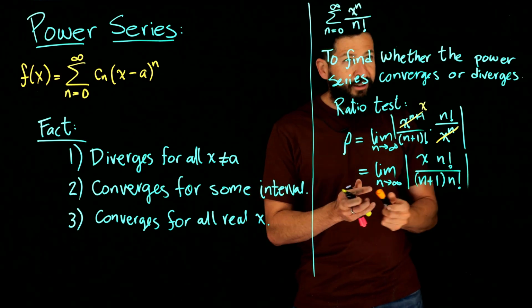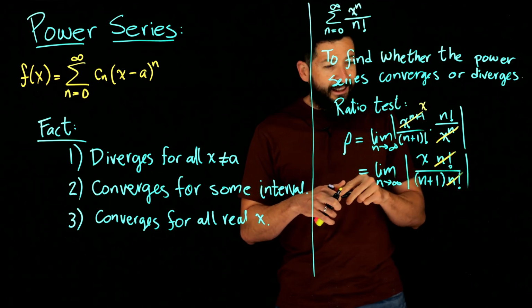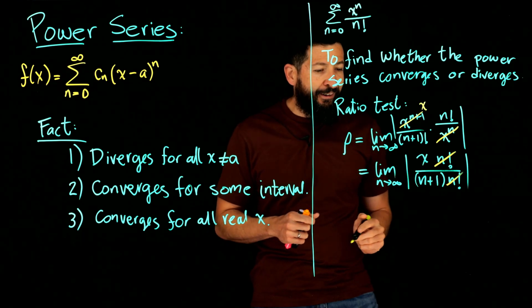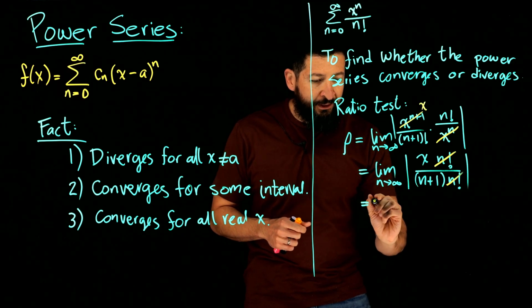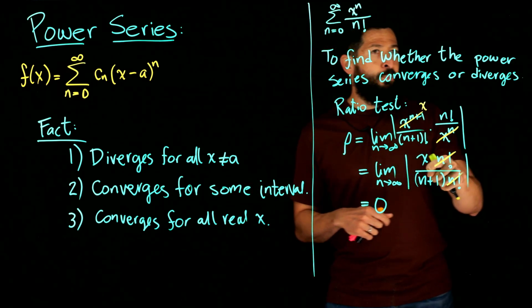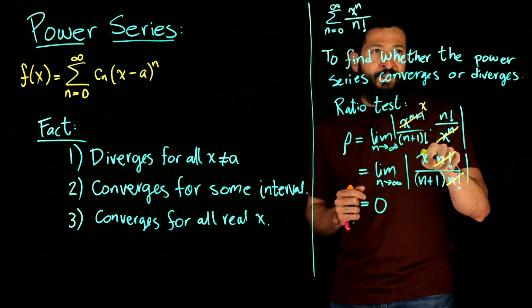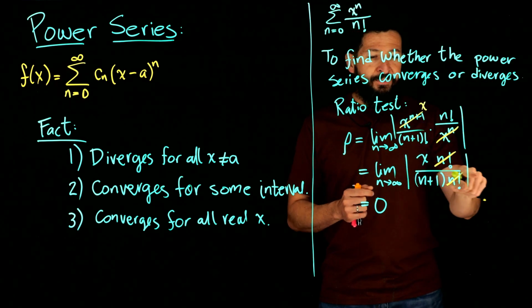And now you see that n factorial cancels, and you have that limit right there. Now x is fixed, so for a fixed x, this limit is going to 0. You say, yeah, but x could march out to infinity, but it doesn't matter because you're computing your limit for a fixed x. Once you fix x, n runs out to infinity, and this goes down to 0.